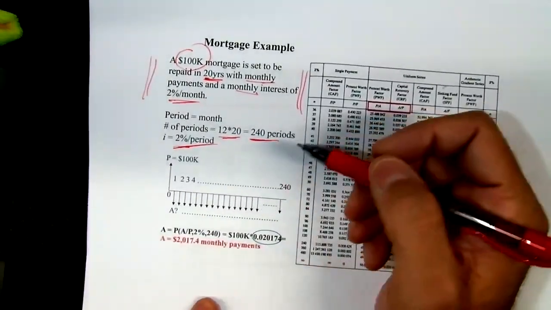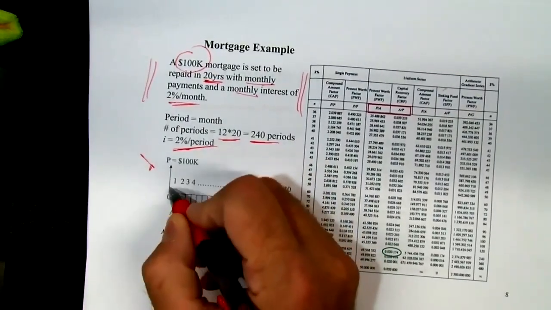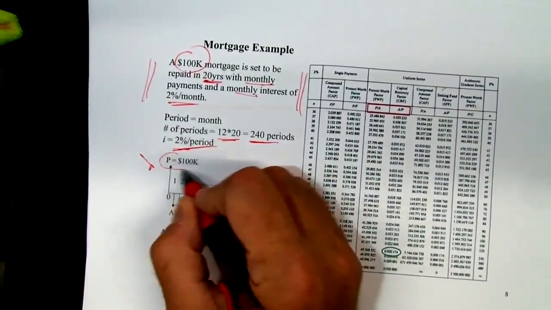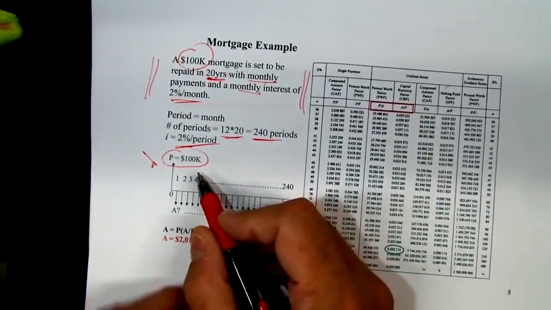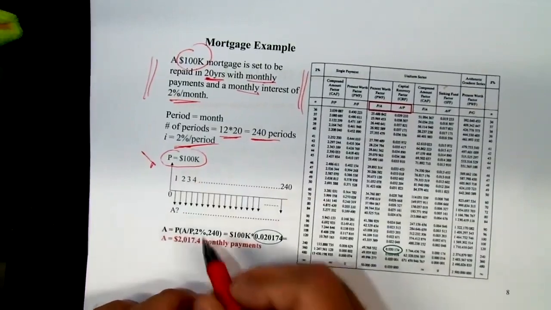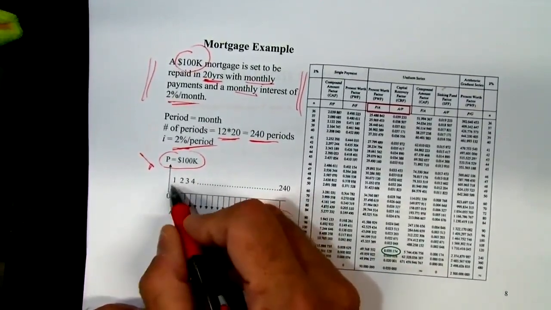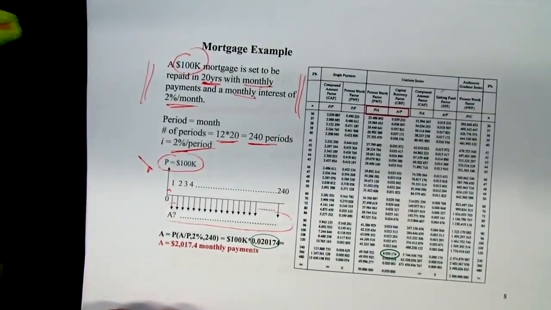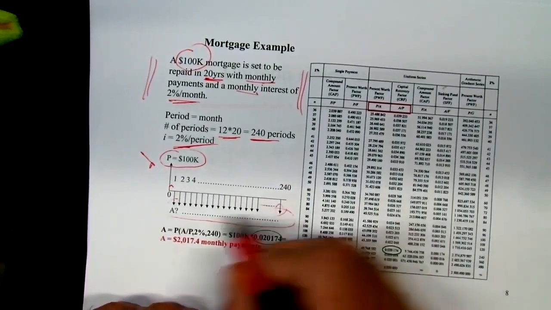So how do you represent it? As such, this is your cash flow. You get a positive transaction at the beginning because the bank gives you $100,000. However, this must be equivalent to the repayment structure down here, which goes from one period after your initial loan transaction for 240 months.